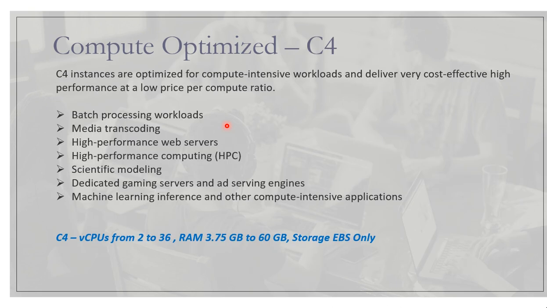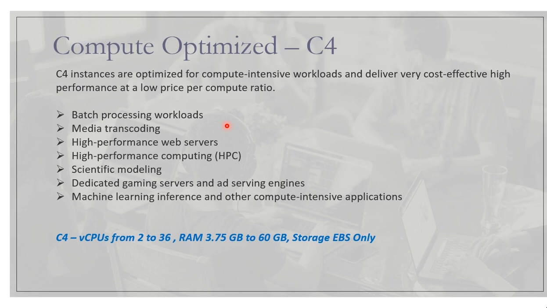Compute optimized C4 instances are optimized for compute intensive workloads, and they deliver very cost effective high performance. The cost is very low. You can use those instances for media transcoding, batch processing, any kind of scientific modeling, or if you want to install a high performance web server.